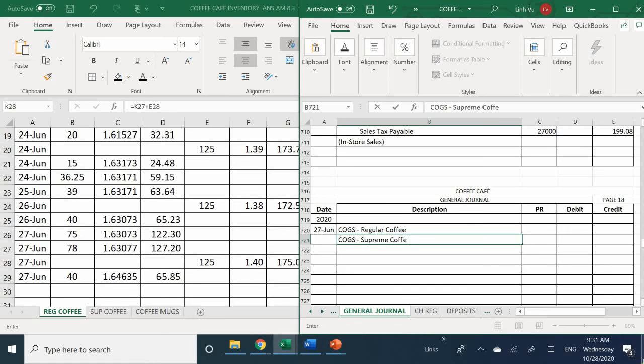Good. And then in parentheses, we're gonna put in-store use. Good.